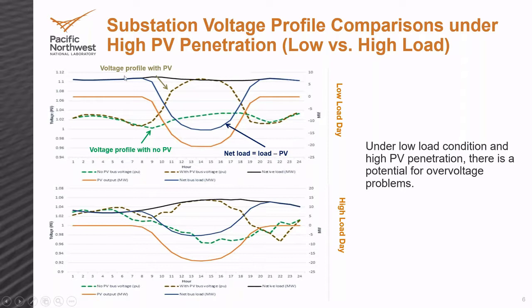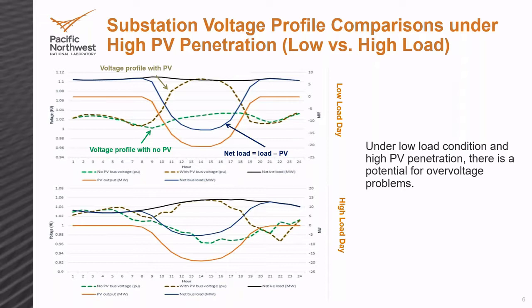The black here is the load at this substation, so it's a positive number. Then the net load seen by the transmission will be load minus PV, which will still be a negative number. So here that means that, say, at 3 p.m., you will have 15 megawatts moving from distribution back to transmission.